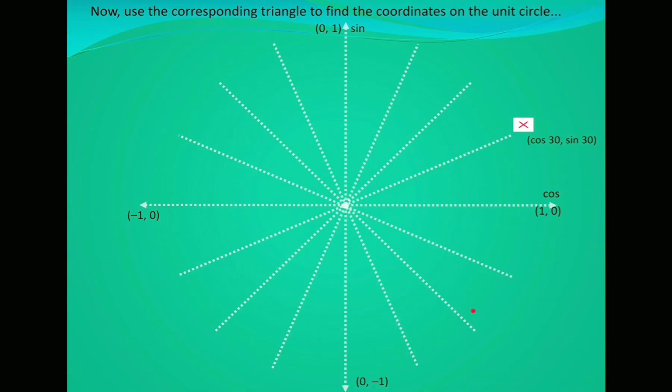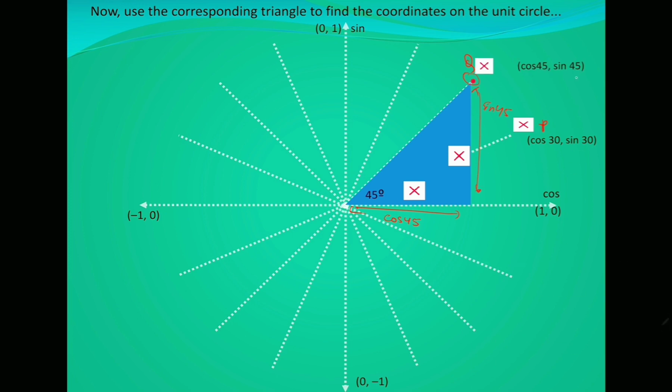Similarly, for the second point, we can also make a triangle. This is a 45 degree triangle. This length will be cos 45, and this height will be sine 45. So I can write the coordinates of this point Q, if this is Q and this is P, as cos 45 and sine 45.